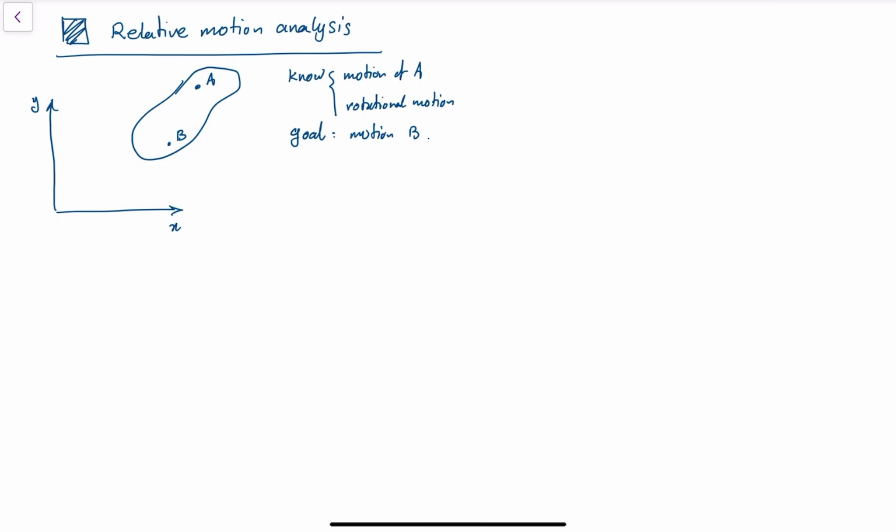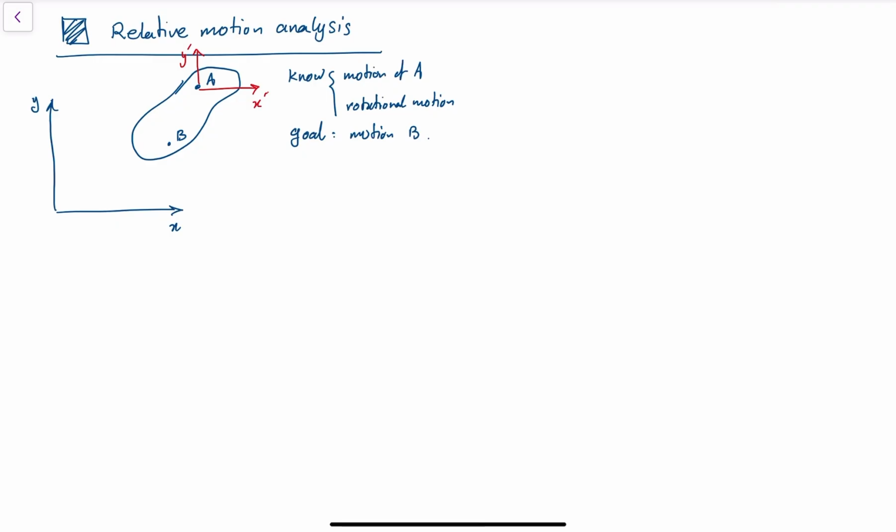And you have seen before that we could use something called relative motion. So we have this X prime, Y prime frame. And we could try to relate motion of B to motion of A and relative motion of B with respect to A. So let's see how that works.